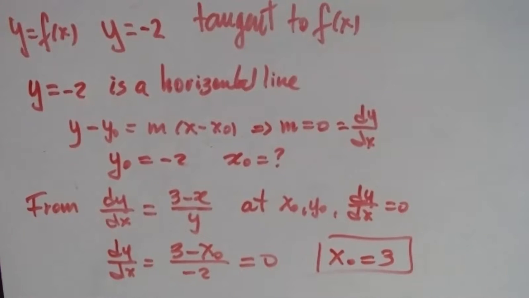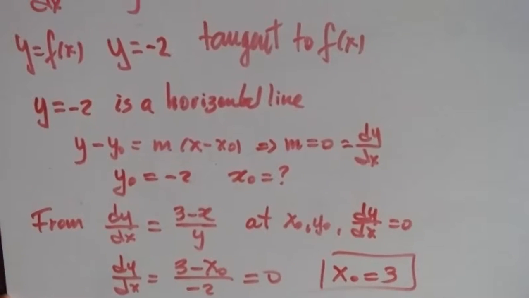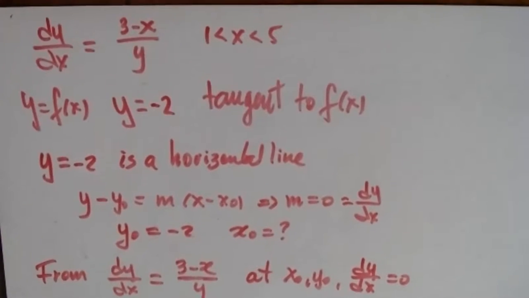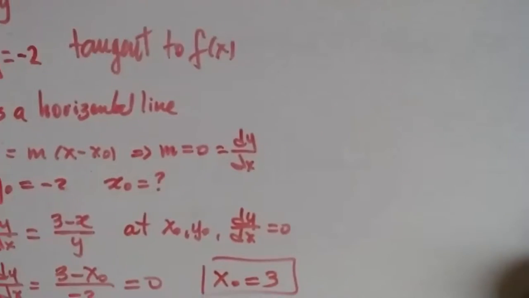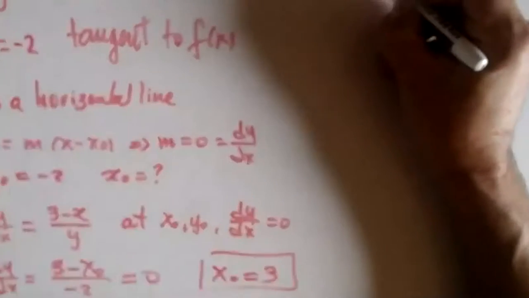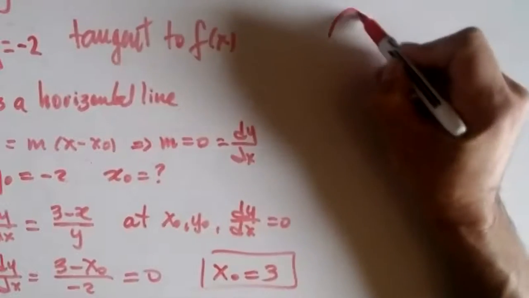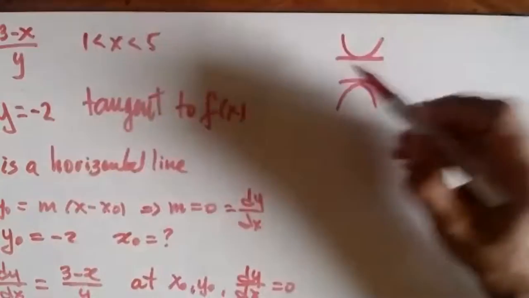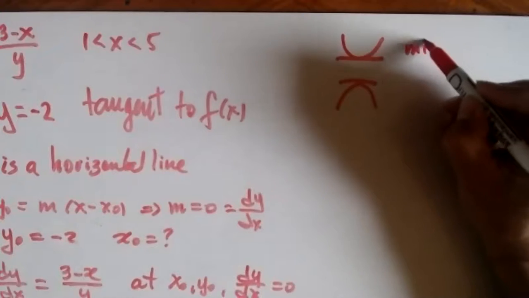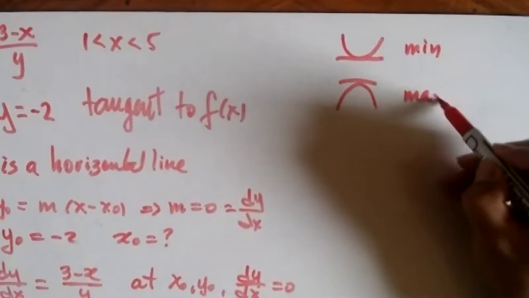This is to find the x-coordinate of the point of tangency, and determine if you have a local max or min. How can we know this is a local max or min? What are the proofs we have to use? We know that these are horizontal tangents. So this is the max, or this is the min, I mean. This is the max.